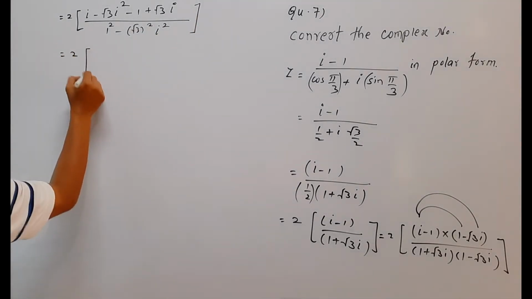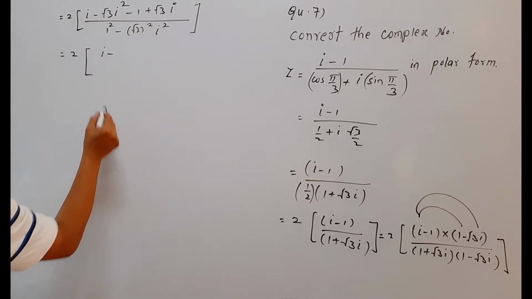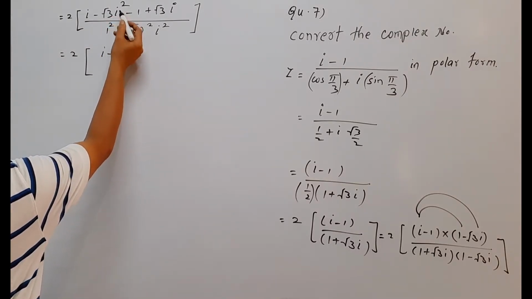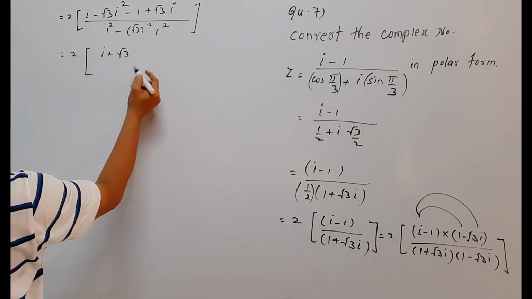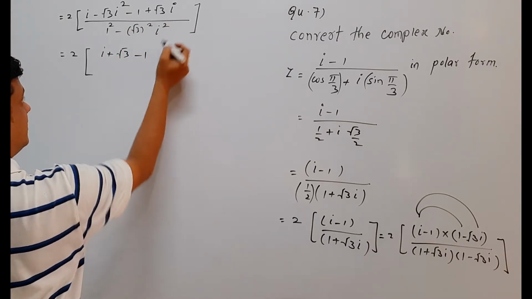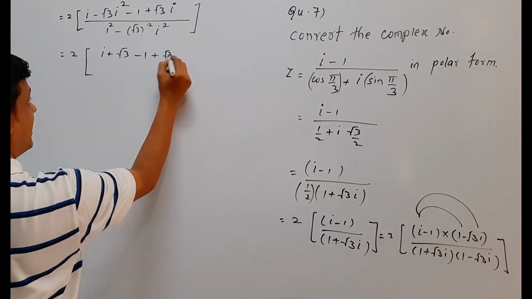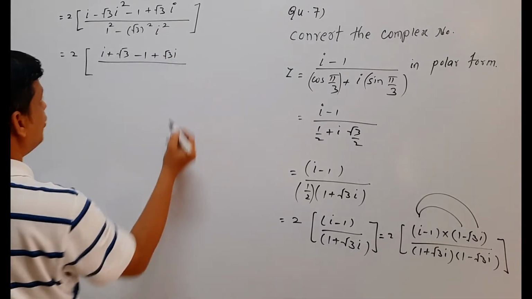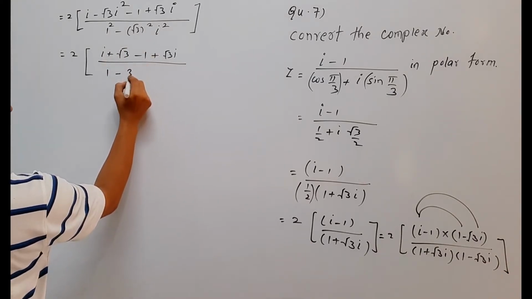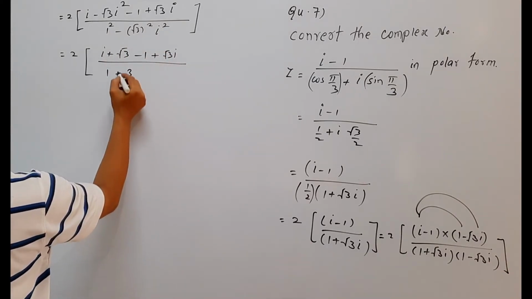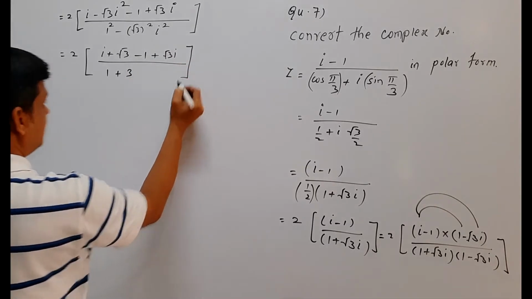So we write 2 in bracket, i square is minus 1, so minus minus gets plus, so we write root 3 minus 1, then this plus root 3 i as it is, upon 1 square is 1, minus root 3 square is 3, i square is minus 1, so minus minus plus 1 here.